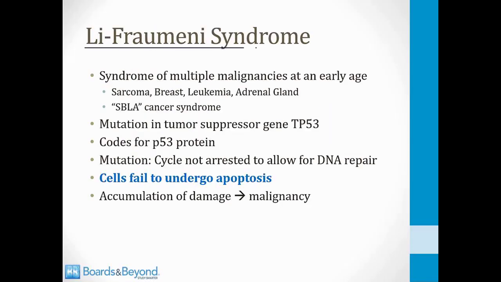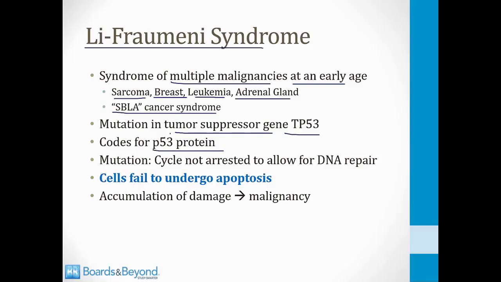Li-Fraumeni syndrome is a rare syndrome where patients develop multiple malignancies at an early age. It's sometimes called the SBLA cancer syndrome because some of the malignancies that can occur include sarcoma, breast cancer, leukemia, and cancers of the adrenal gland. The cause of Li-Fraumeni syndrome is a mutation in the tumor suppressor gene TP53, which codes for the p53 protein like we've been discussing.